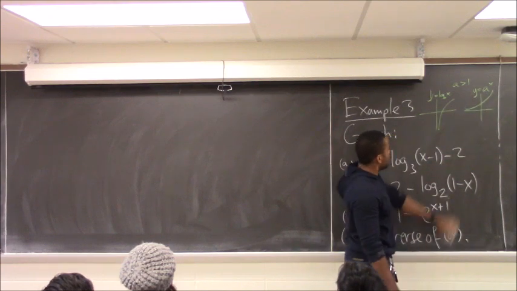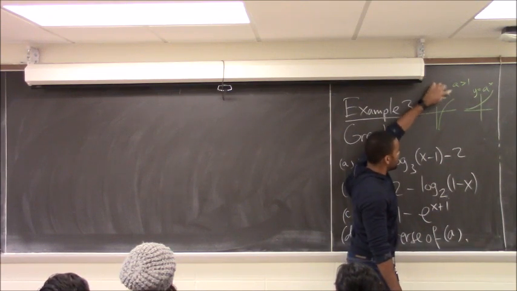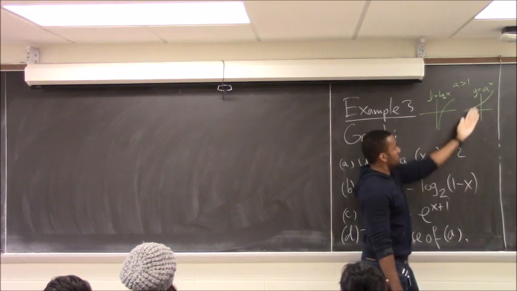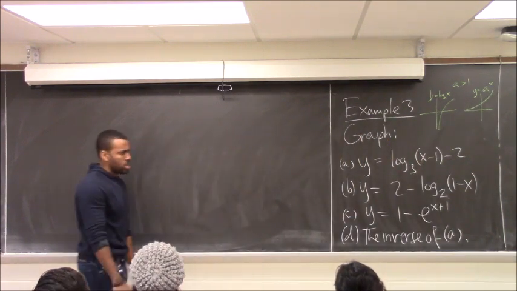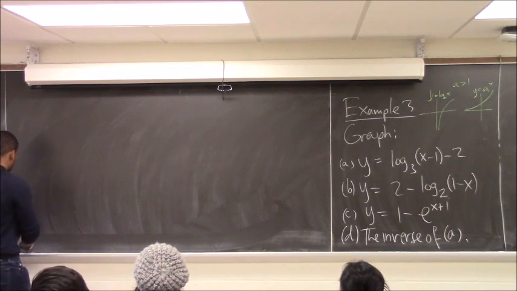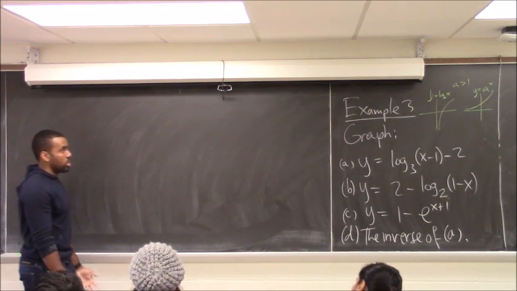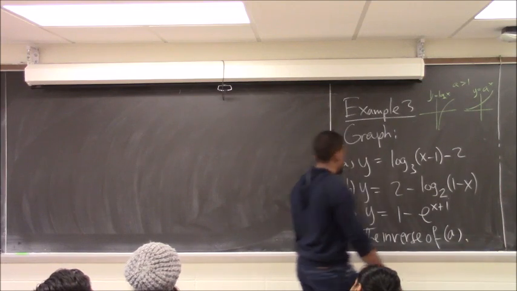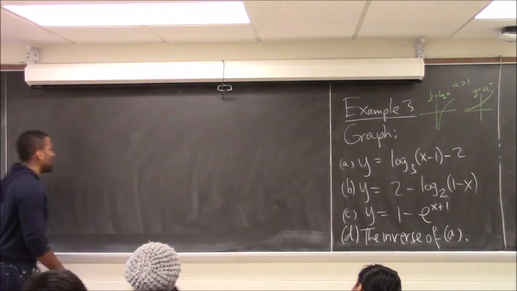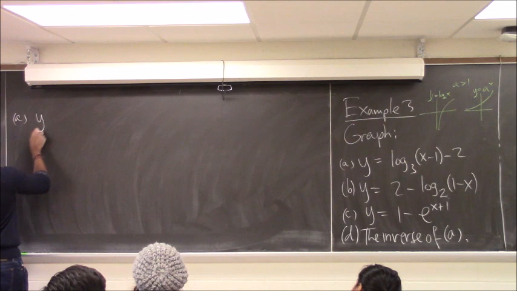Same thing with that guy. If I were to make a negative on the x, it will flip it that way. This guy also would flip it that way. So we have the transformations and we have the basic shapes in our heads. So now we just want to know what are the points that I want to draw the respective shapes through. And so we are going to find some convenient points here.